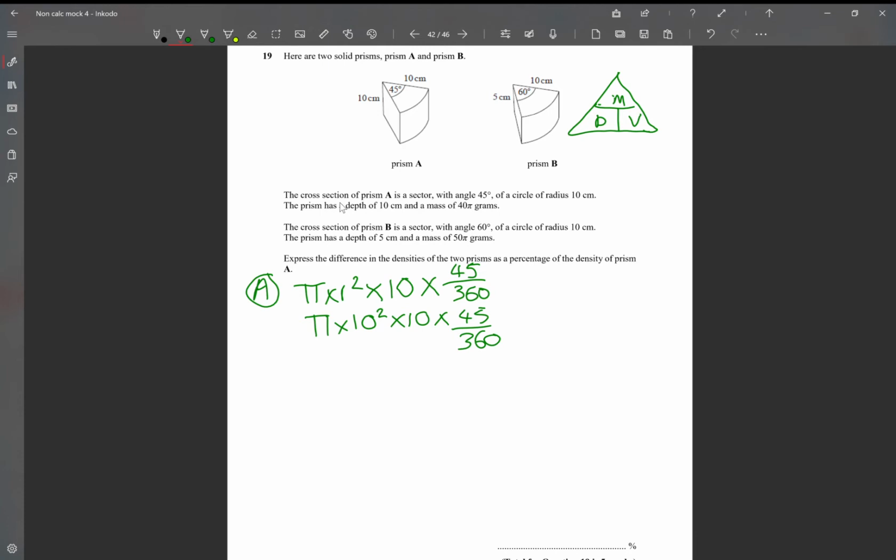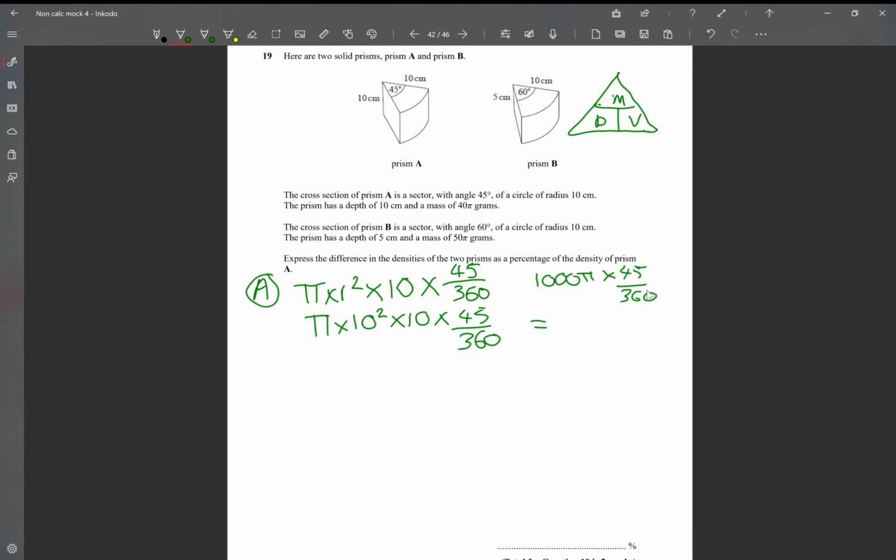Okay, and then just rearrange it really. So the 10 squared is 100, times 10 is 1000, so it's 1000 pi, and then you're timesing that by 45 over 360. Now again, it's a non-calculator paper, and you'll notice this 45 goes exactly into 360. Two 45s are 90, and then 90 goes into 360 four times, so that's 8 times altogether.